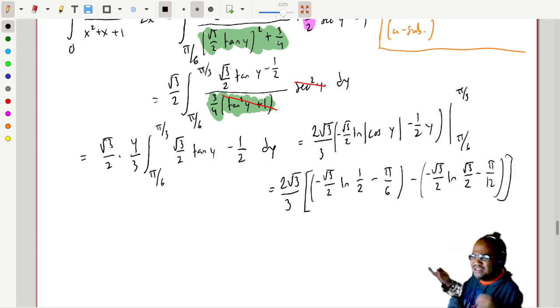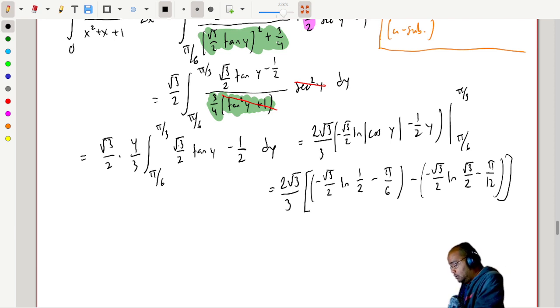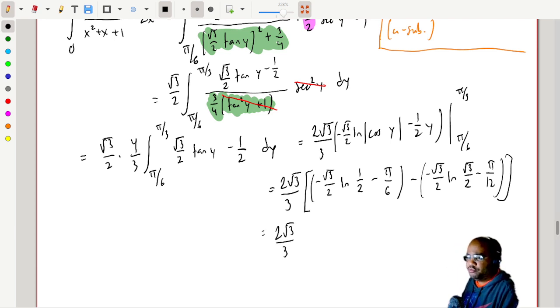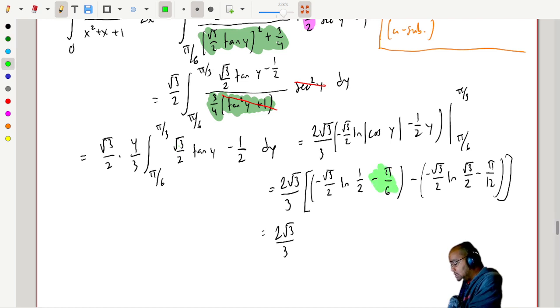Okay, let's do some tidying up here. Oh boy. So 2 square root 3 over 3. Now, I see I have a negative. Let's write that in this color. Minus pi over 6, and then minus a minus pi over 12. Minus is plus. All right, so minus pi over 6 plus pi over 12 gives me a minus pi over 12.